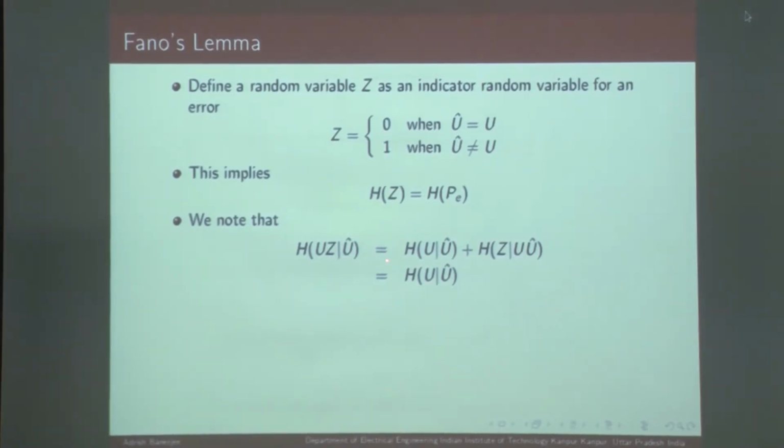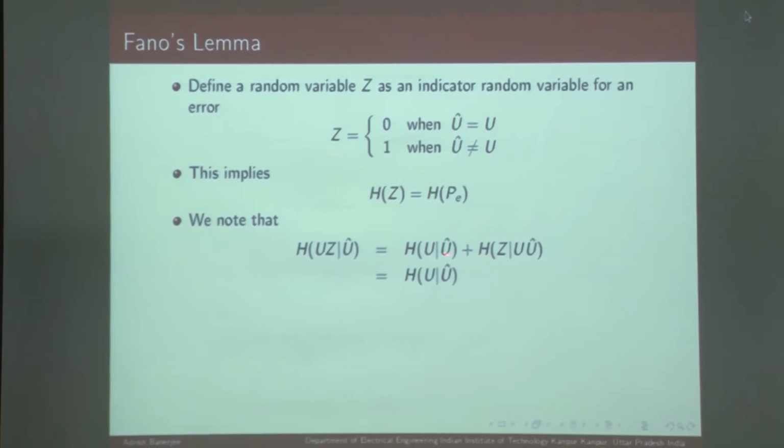Now, this can be written as H of U given U hat plus uncertainty in Z given U hat. Now, what is the result that we have used here? Chain rule. We basically applied chain rule to get this, correct?